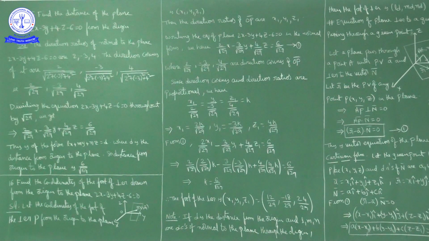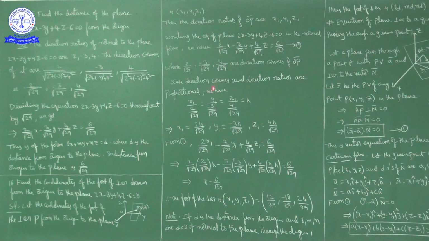Suppose x1, y1, z1 are direction ratios and L, M, N are direction cosines, then we can write x1 by L is equal to y1 by M is equal to z1 by N is equal to some constant, where the constant is the proportionality constant.